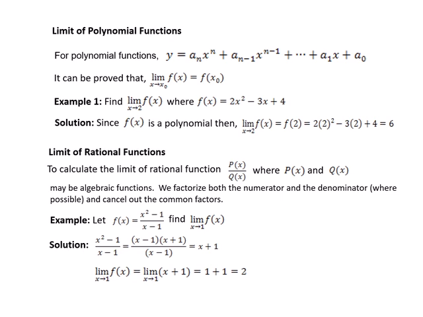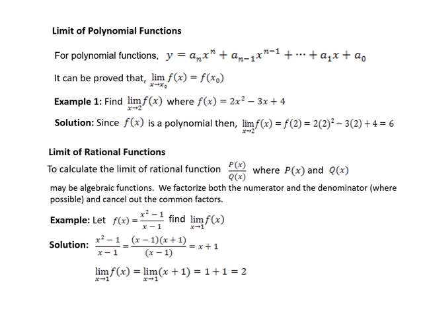Here, we are going to substitute directly. That is, we use direct substitution here. Since f of s is a polynomial, then we have limit f of s as s approaches 2 is equal to f of 2.